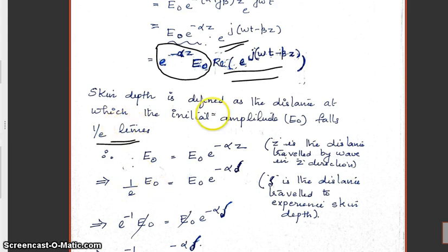It is the distance at which the initial amplitude E0 falls 1 by e times. So 1 by e of E0 is equal to E0 into e raised to minus alpha into del. Instead of Z here, I have substituted del, where del is the distance travelled to experience skin depth. So Z is the distance travelled by the wave along the Z axis, and del is the distance travelled to experience the skin depth.